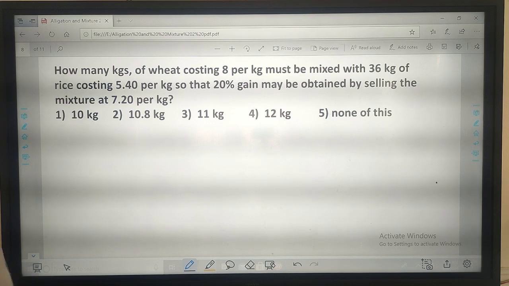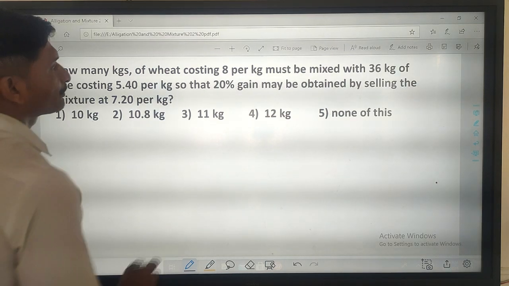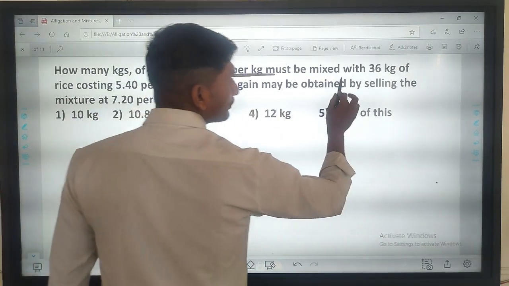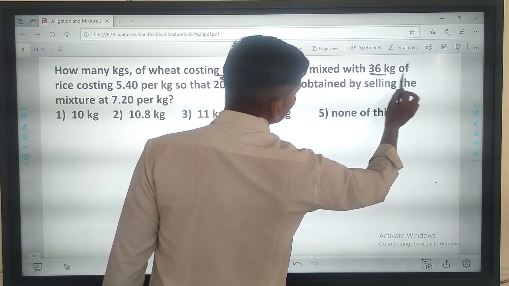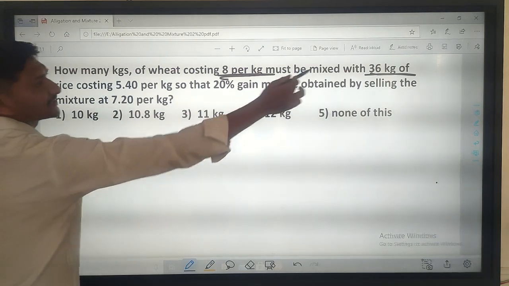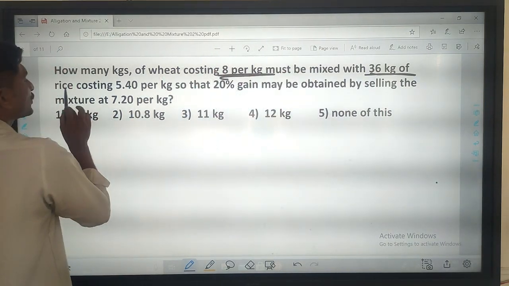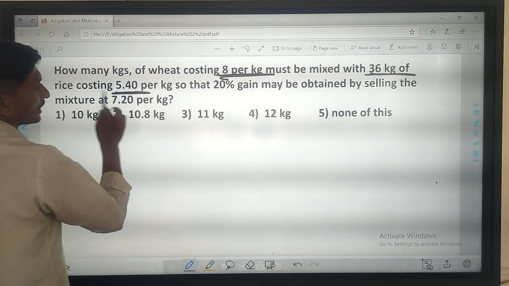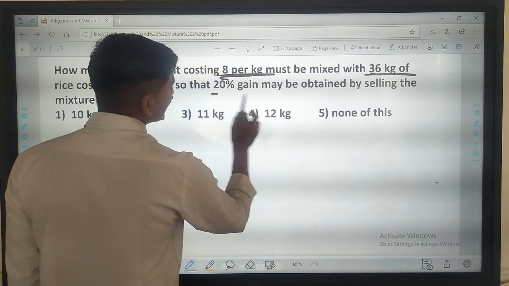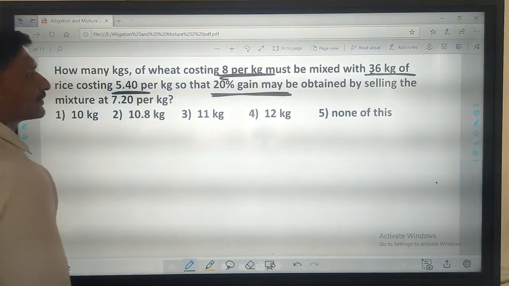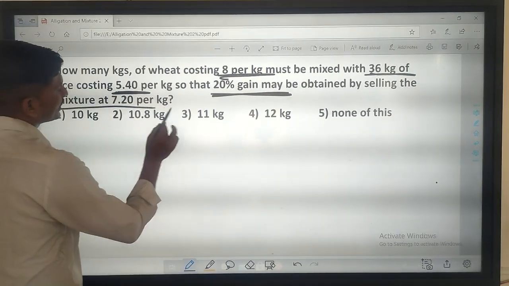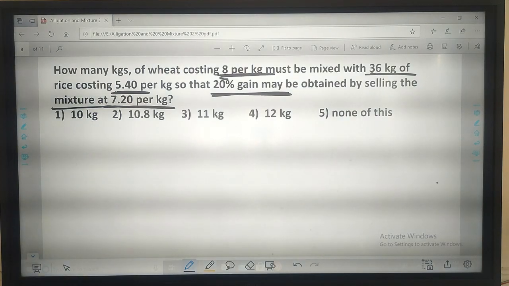How many kilograms of wheat costing rupees 8 per kg must be mixed with 36 kg of rice costing rupees 5.40 per kg, so that a 20% gain may be obtained by selling the mixture at 7.20?